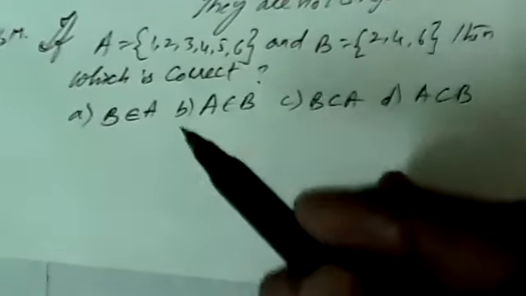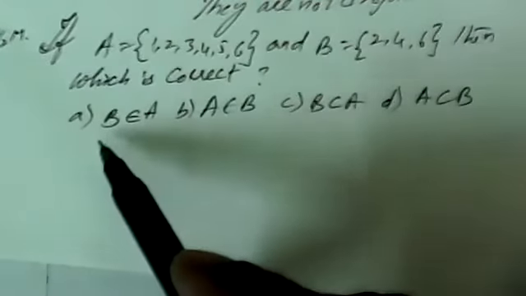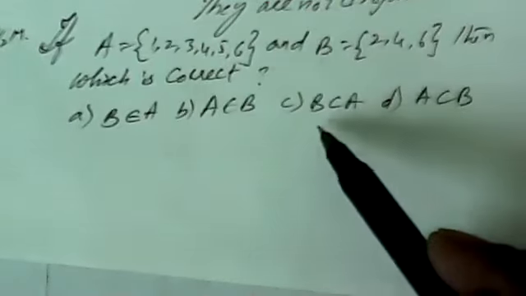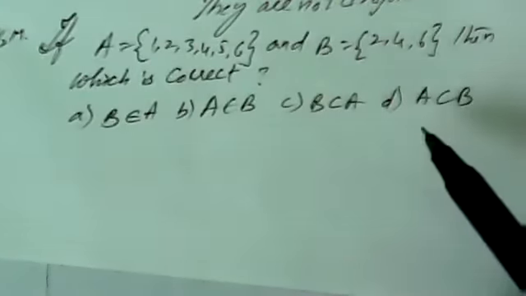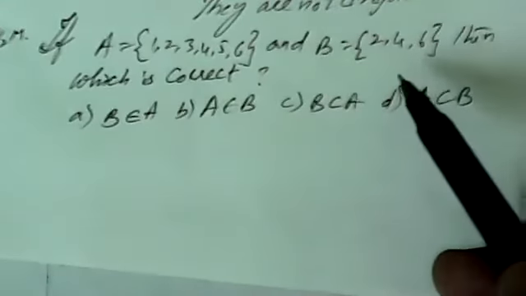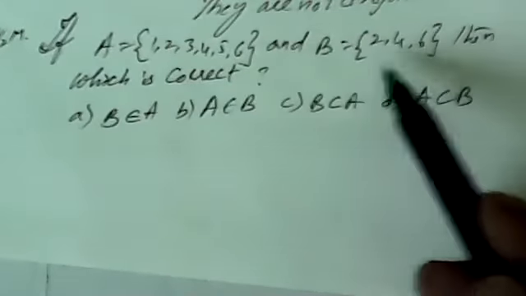If A equals {1, 2, 3, 4, 5, 6} and B equals {2, 4, 6}, then which is correct: A belongs to B, B belongs to A, B is contained in A, or A is contained in B? In order to answer this, you have to observe the sets. 1, 2, 3, 4, 5, 6 are the elements in set A. 2, 4, 6: 2 is there, 4 is there, 6 is there.